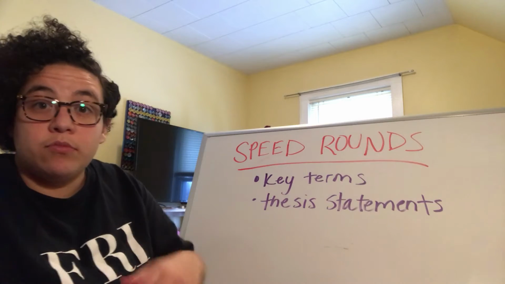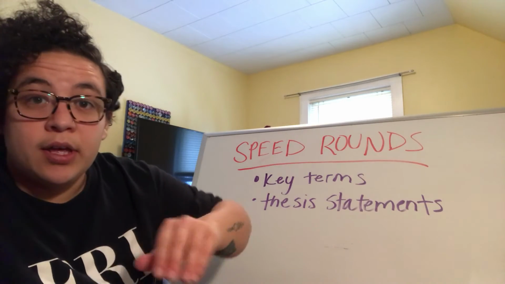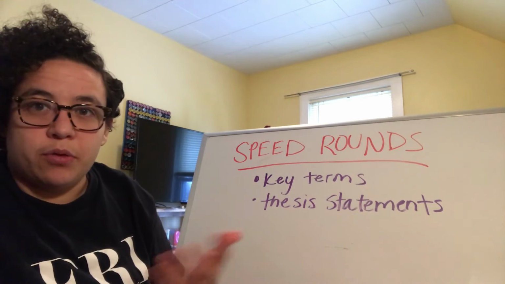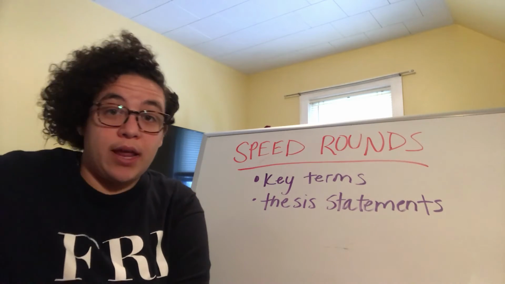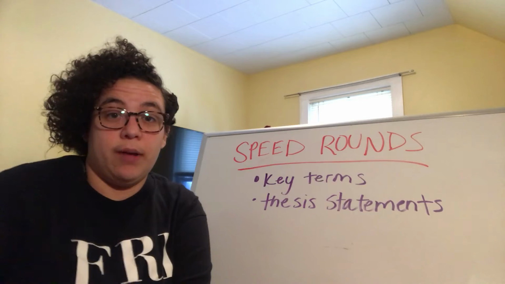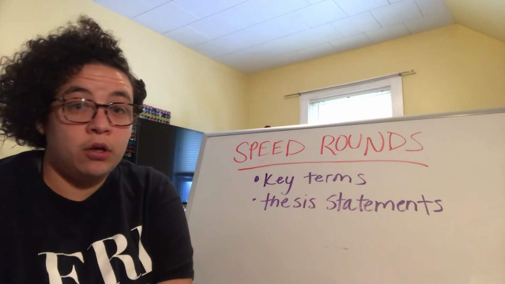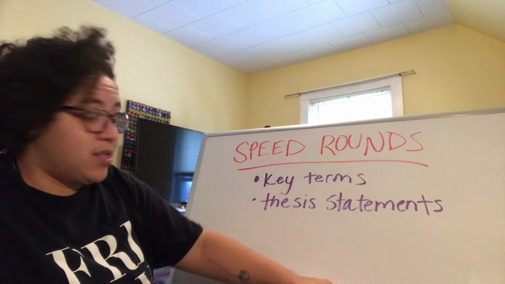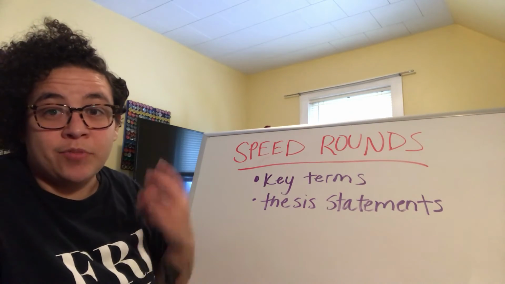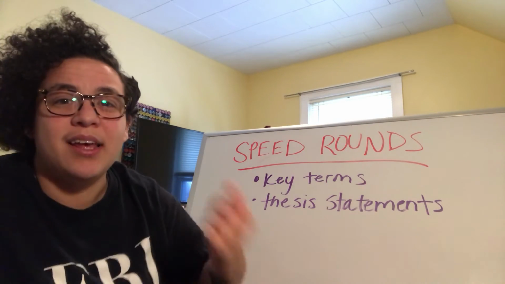When the time's up, look at them all together and see which are the best, give each other feedback, discuss it, and then come together and try to write one together. Combine the best parts of your thesis statements. So speed rounds, you can use these in a lot of different ways. It just helps you go quick and build up your speed.